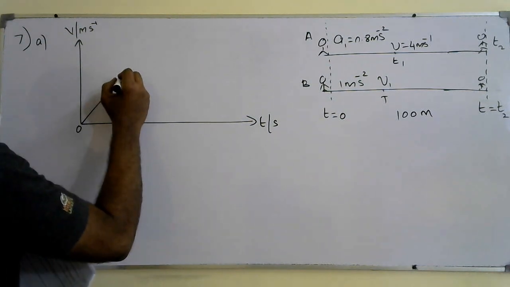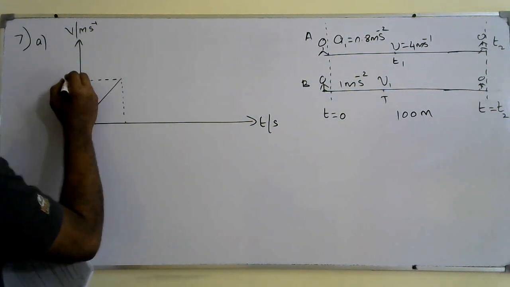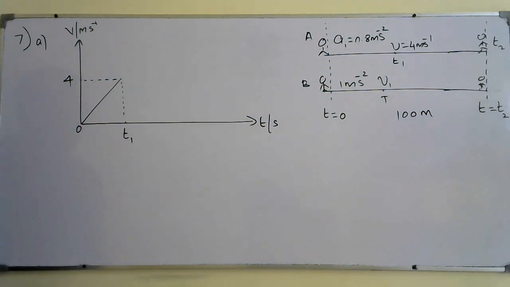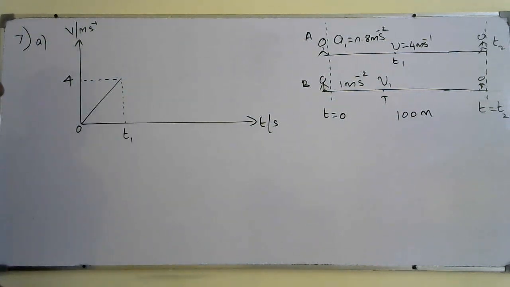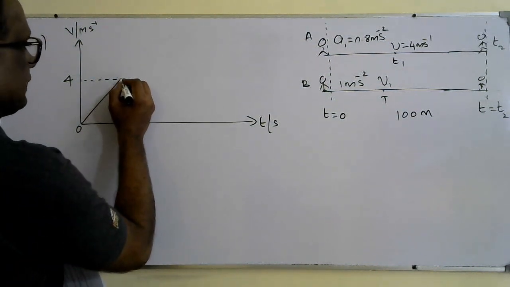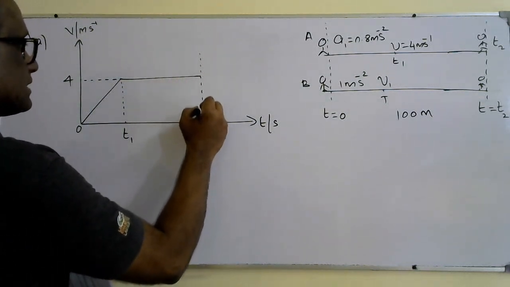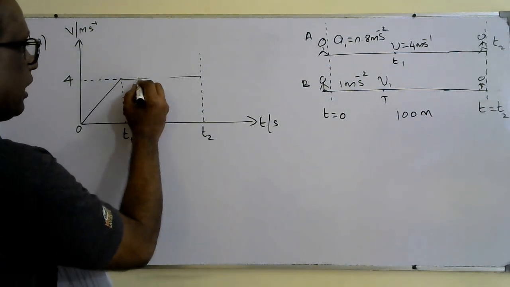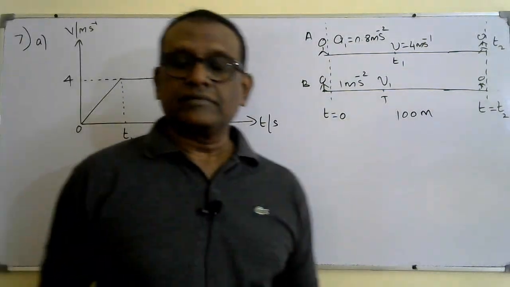This is 4. The time we don't know, how long he is accelerating, but we can find it. That acceleration is 0.8 meter per second squared, and he is maintaining the same speed until he reaches the finishing line. So this time is t2. So the area under this graph for Ajas must be equal to 100 meters.